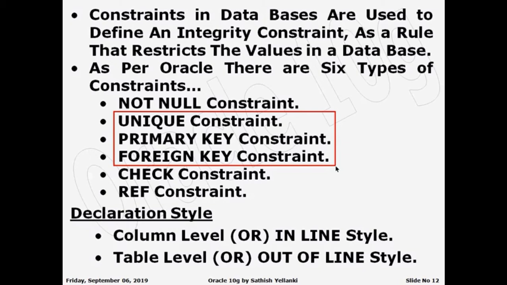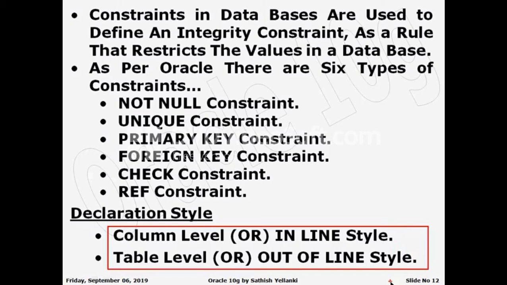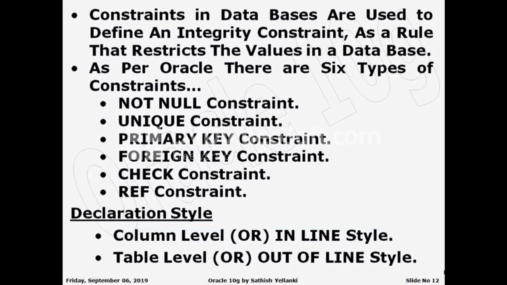Now, whenever you declare a constraint, it can be declared in two styles. One is column level declaration, the next is table level declaration. So, column level declaration means just watch the pseudo style of the code, okay? I'm not exactly creating the table, I'm just trying to give you the pseudo style. We are saying create table, table name.